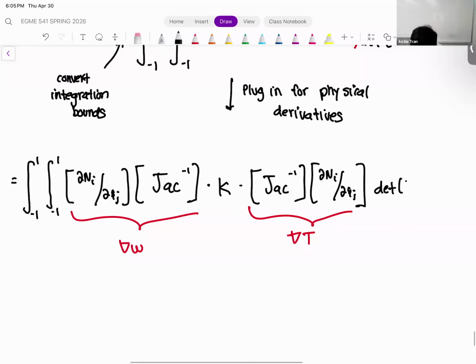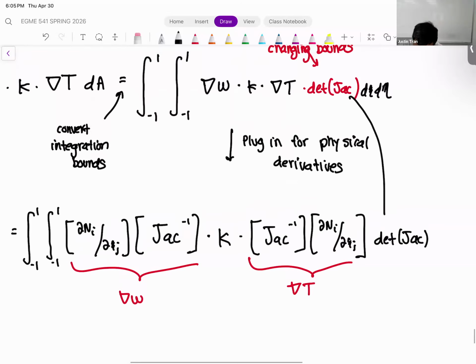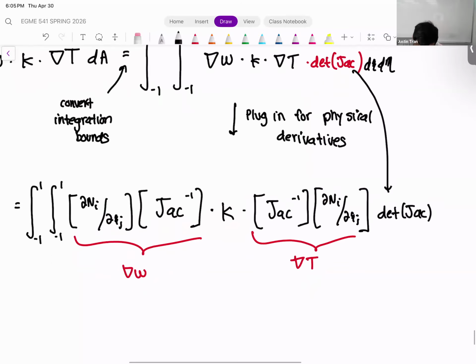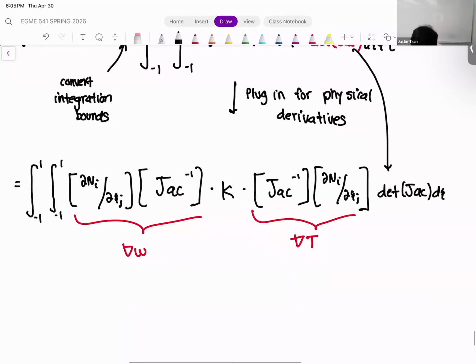Next, we're going to multiply this by the determinant of the Jacobian. So that just comes right down from up here. And finally we have our integration variables d epsilon d eta. Or you can do d eta d epsilon. It's the same.